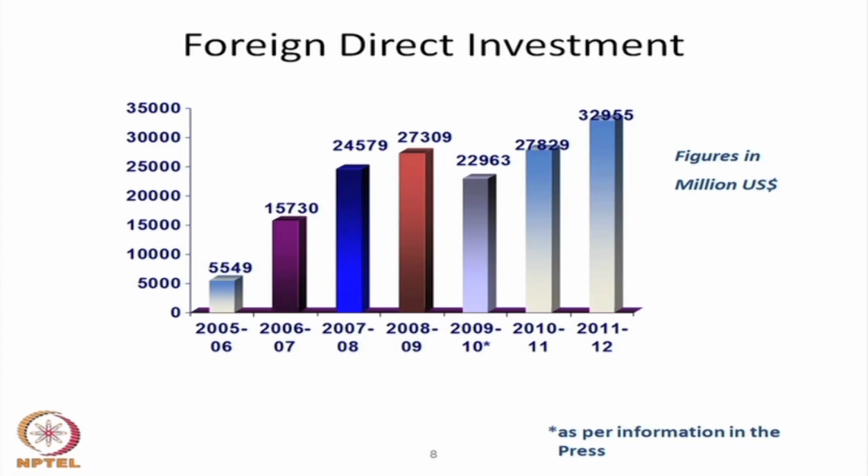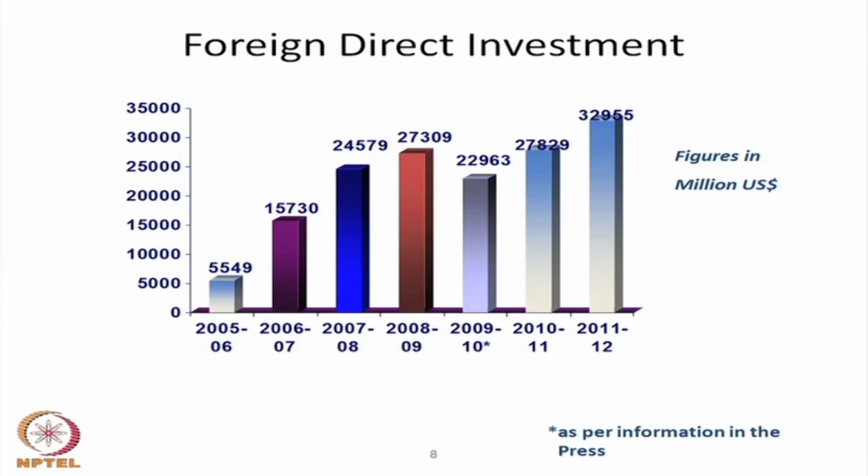If you see foreign direct investment over the years, you see how it has increased since 2005-6. I have given the data for 2005-6 to 2011-12. Over the years, there has been a significant increase in foreign direct investment. This has come only because India adopted a stable foreign direct investment policy.